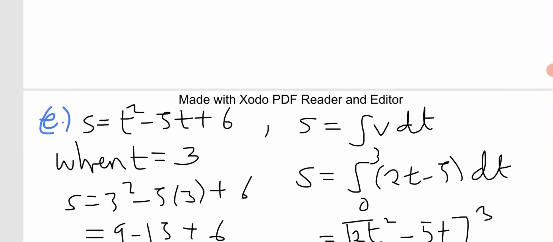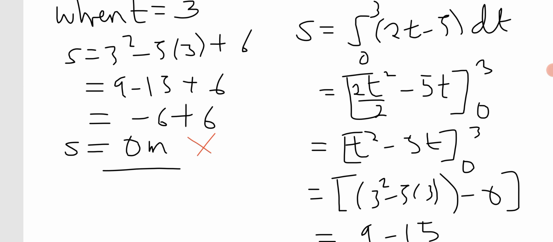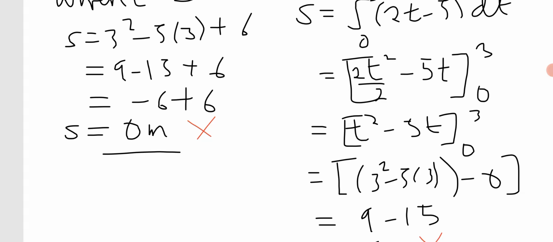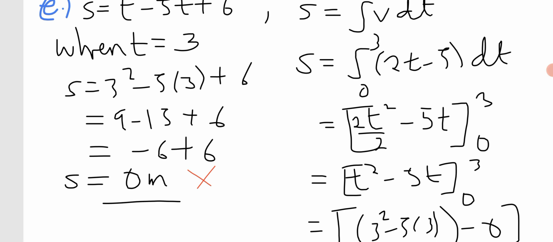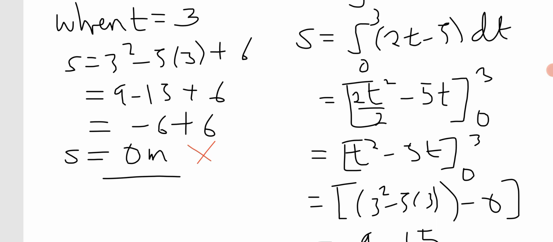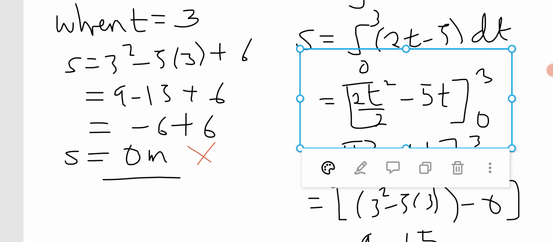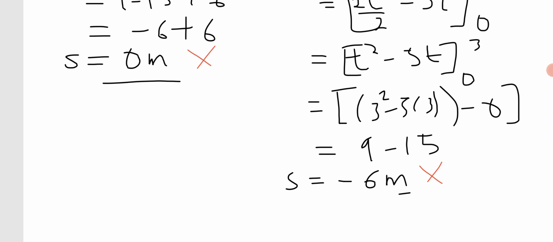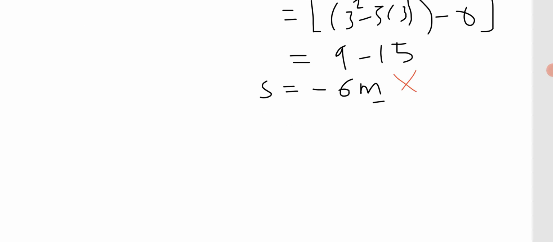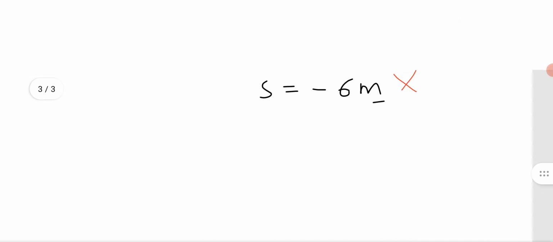Now, what does a displacement function do? It will help you find the displacement. That is why when we integrate from 0 to 3 here, the final answer we found was negative 6 meters, which is actually close, but it's not the actual answer.